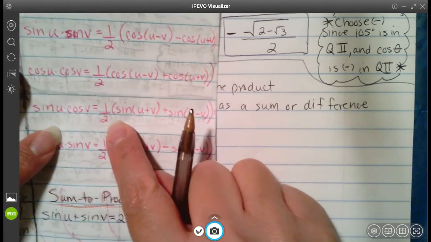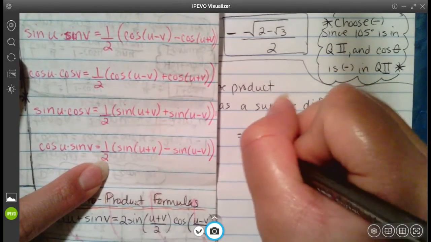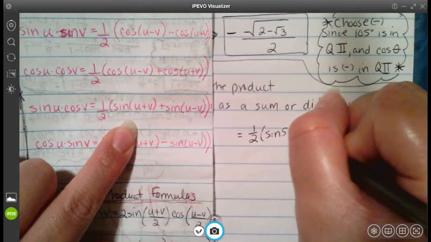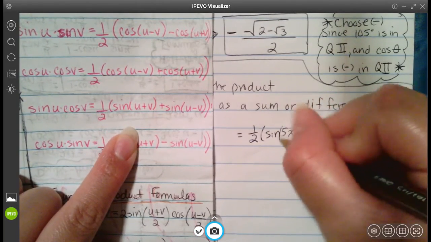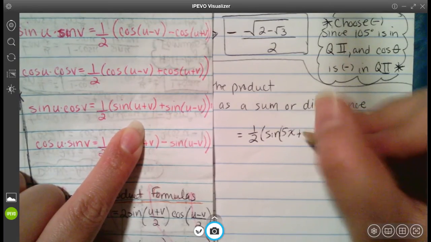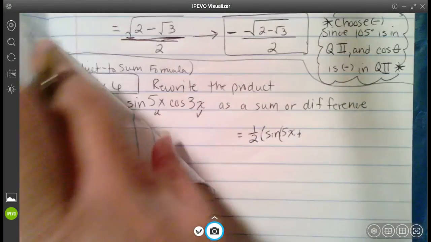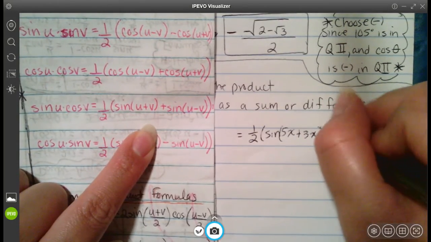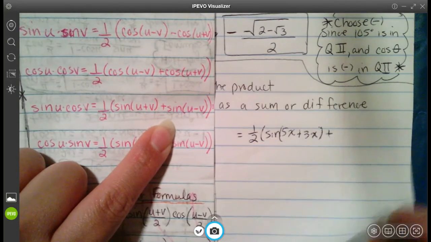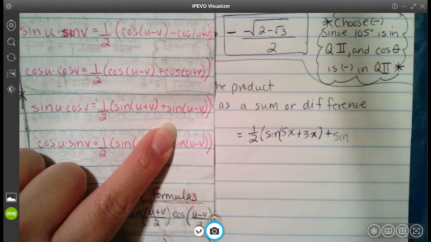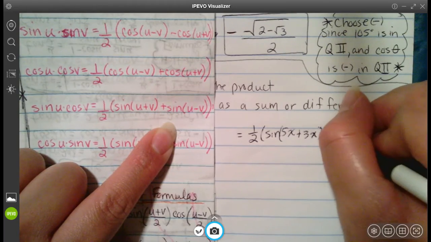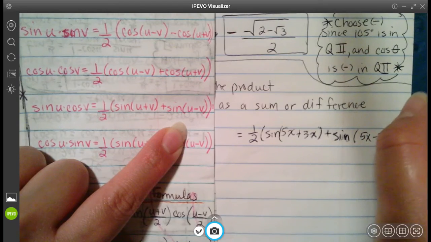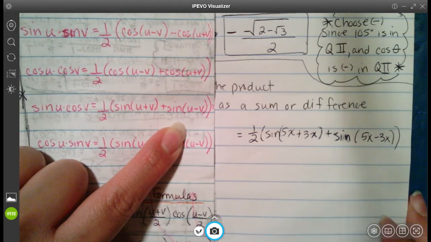So let's see. We have equal to 1/2 sine, looking at this one, of 5x, put that in parentheses, plus, what's the other one? 3x, plus sine of 5x minus 3x, okay?